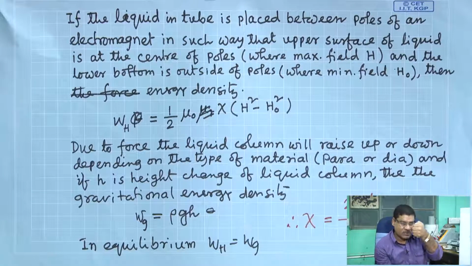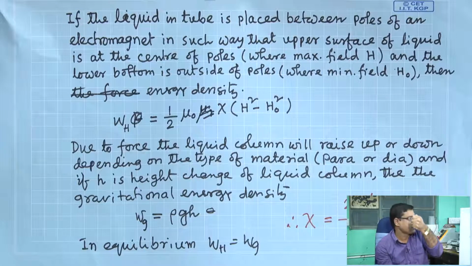So, this liquid will feel force, and basically it will change its height. The liquid is feeling force due to the magnetic field, and this force is coming because of the presence of the inhomogeneous magnetic field. So, this liquid will move up or it will go down.